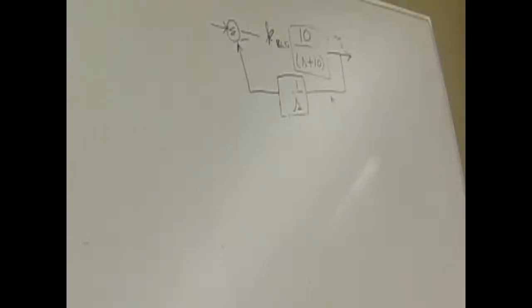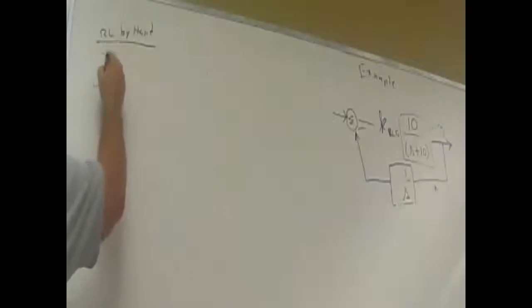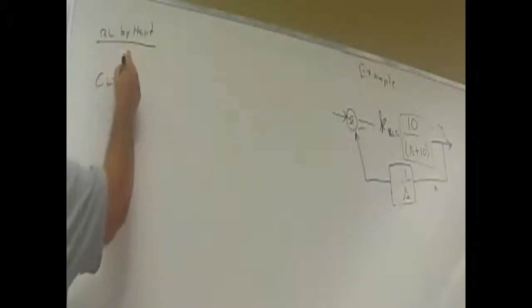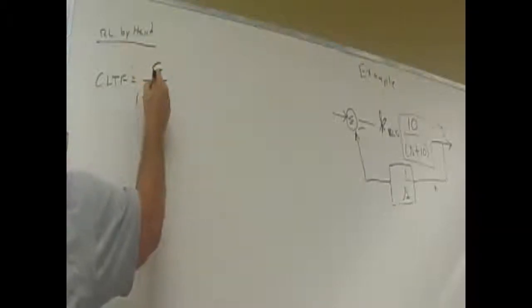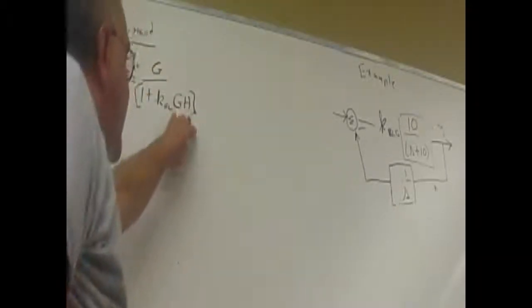So the root locus, by my closed loop transfer function, is equal to G over 1 plus GH, where the K's are embedded in here and polynomials in S are embedded in here.